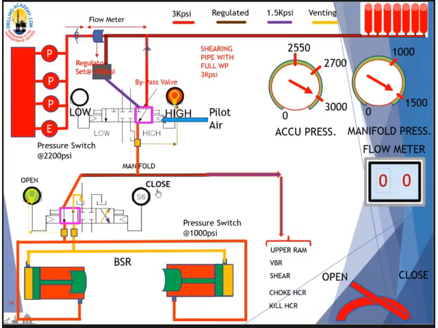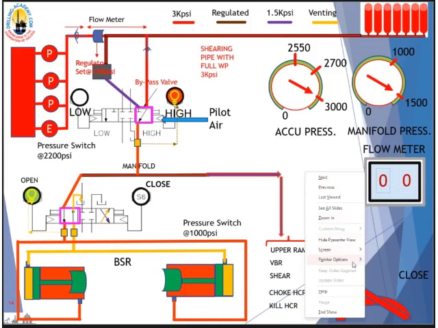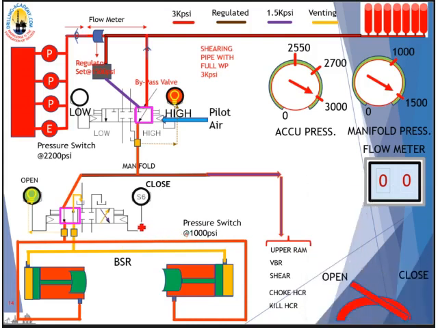All right. Now, when we press close to shear the pipe, we expect to see the flow meter running, and the lines here will change state from vent to pressurized and pressurized to vent, and the pressure sensors here will sense the pressure on the line and send the signal to the light pop.